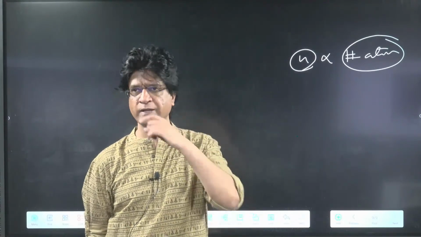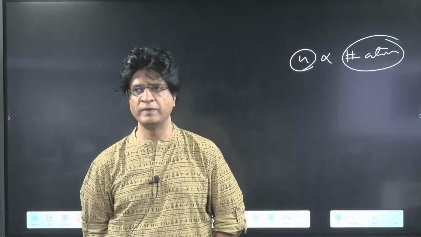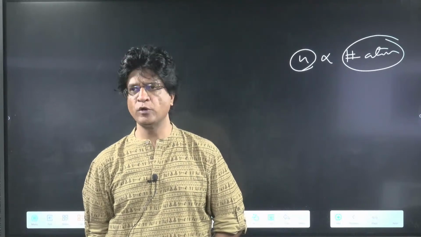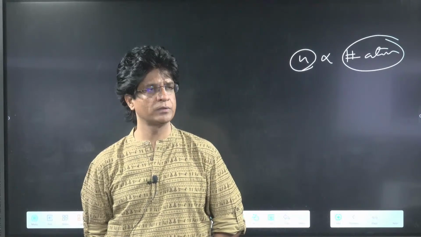Empirical formula is the simplest ratio of atoms present in a molecule. In these questions, they were giving us weight. Weight is useless, so we're converting the weight into what? Number of moles. Now, ratio of moles is also the ratio of atoms. Agree or not?